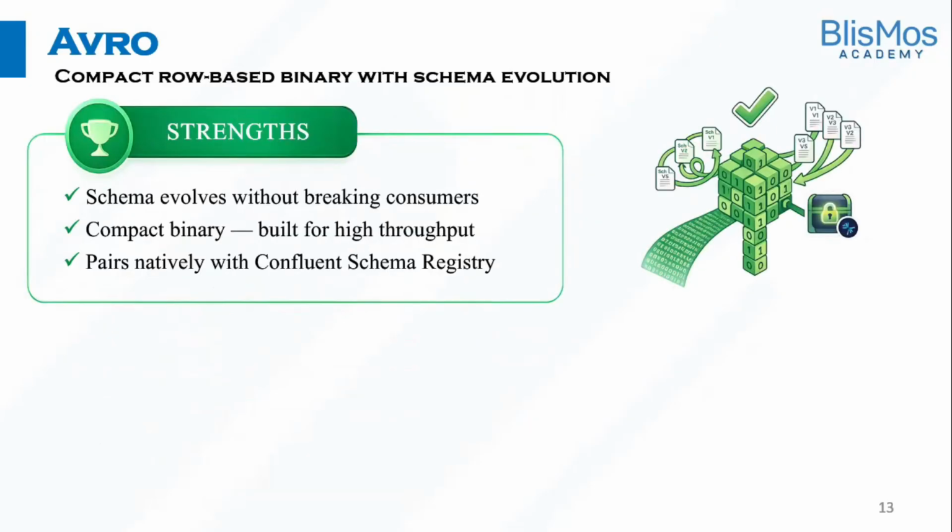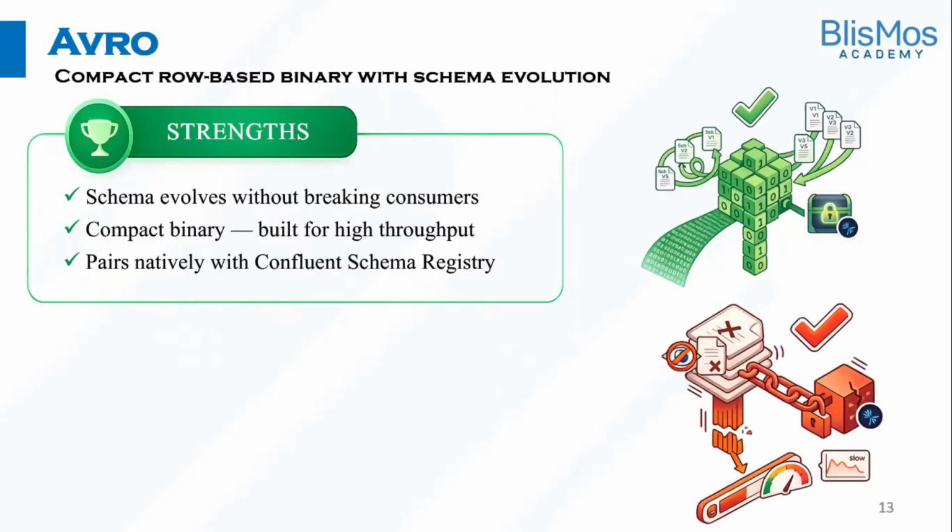One of Avro's major strengths is that schema can evolve over time without necessarily breaking existing consumers. Avro is also compact and designed for high throughput data exchange. It works particularly well with technologies such as Kafka, Confluent, and Schema Registry.